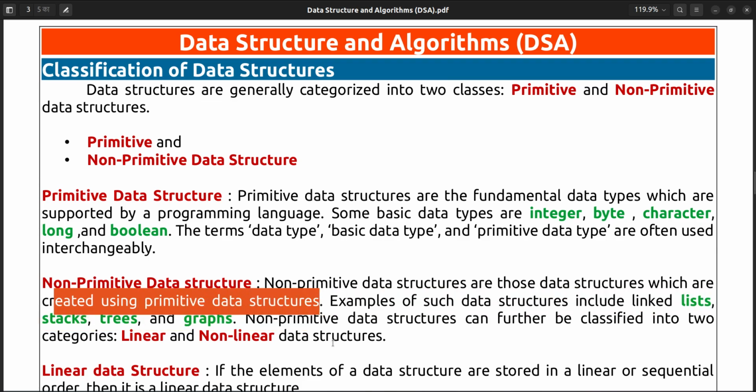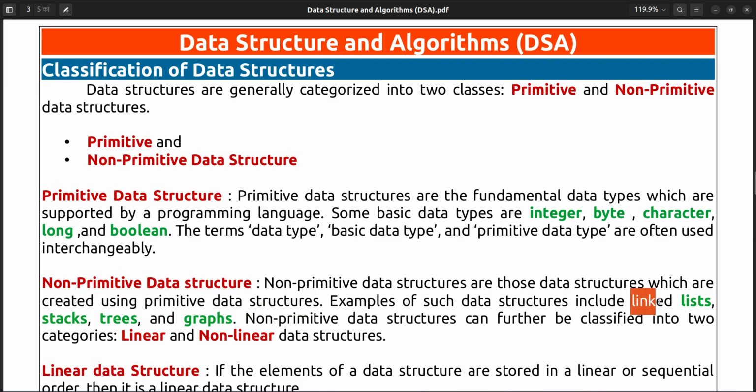For example, examples of such data structures are list, stack, tree, graph. We have seen in Java we can create a list, we can create a set. So what is the type there? That type is non-primitive.